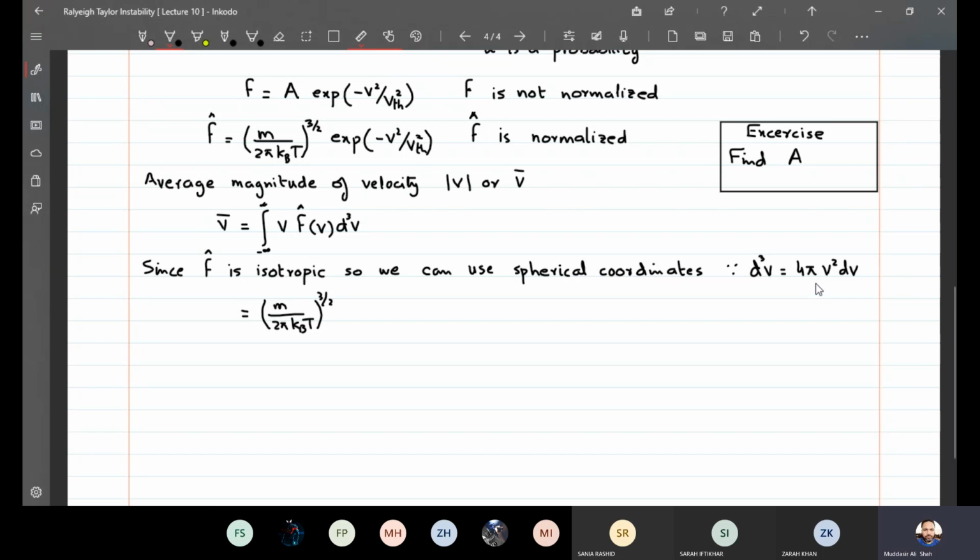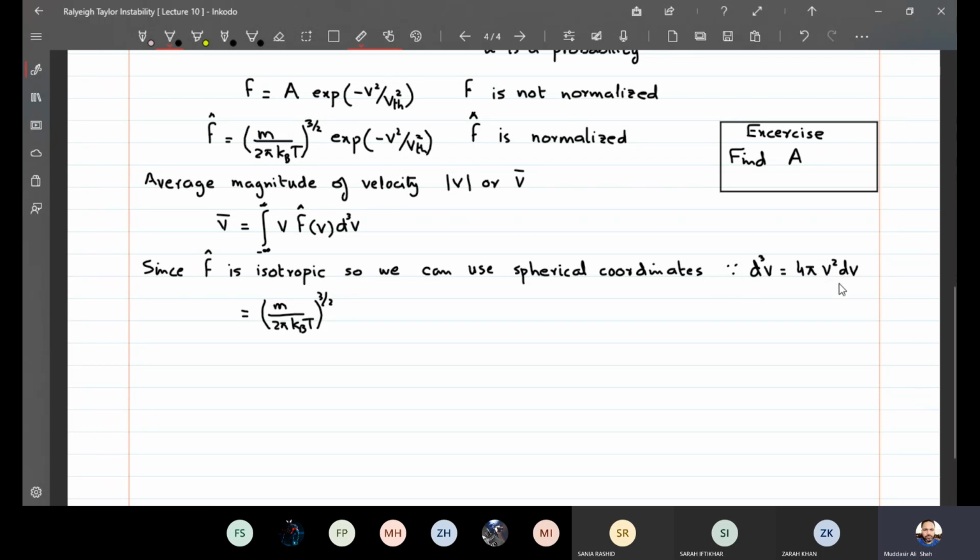If you look at some books dealing with coordinate systems, we get different volume elements for different coordinate systems.